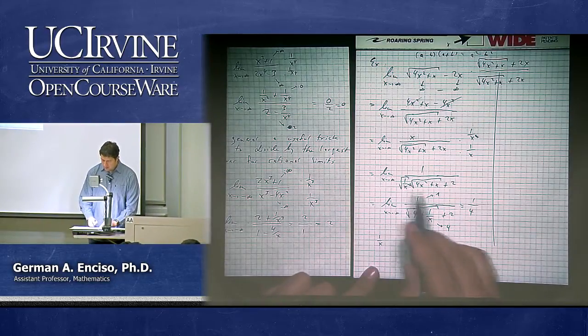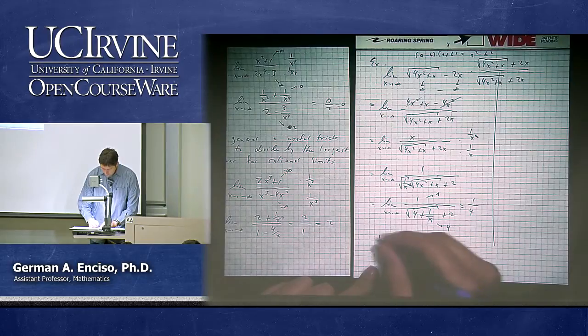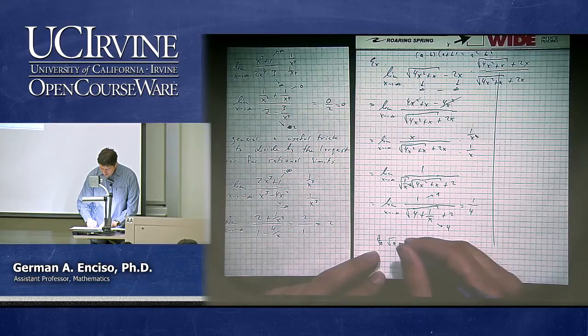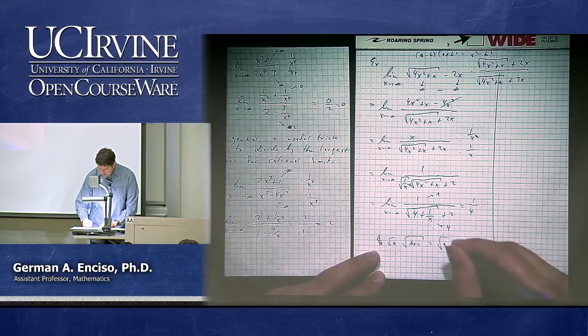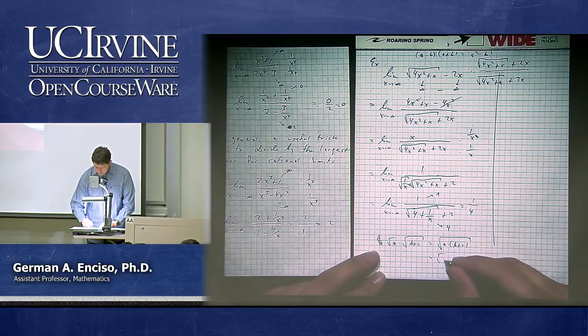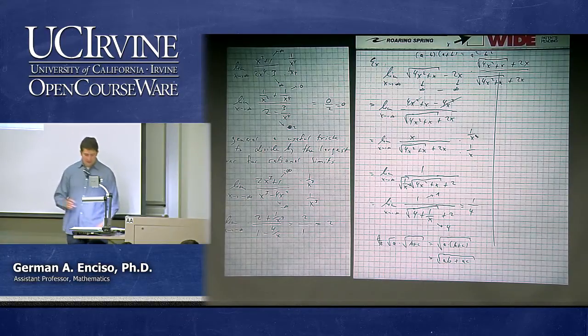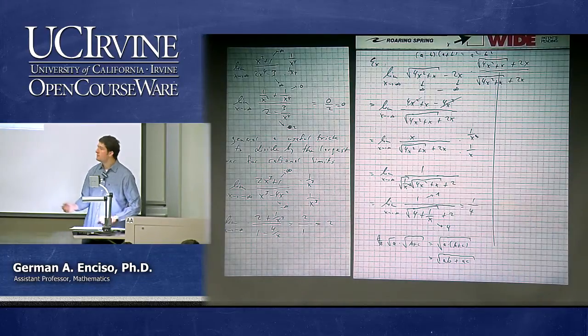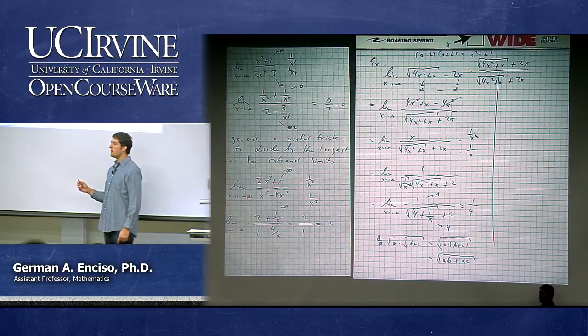Okay, from here to here? In general, the square root of a times the square root of b plus c is equal to the square root of a multiplied by b plus c. And this can be multiplied out as the square root of ab plus ac. In this case, a was 1 over x squared, and this is b and this is c. Better?